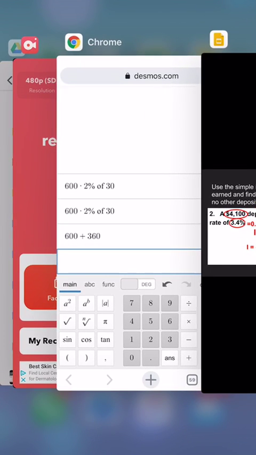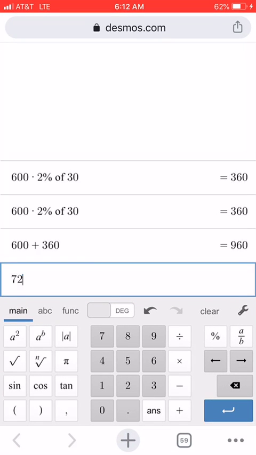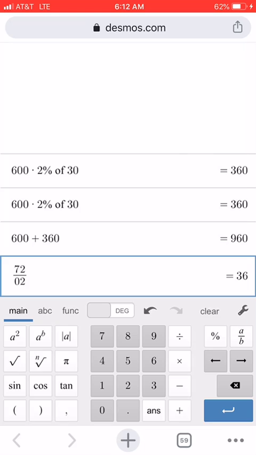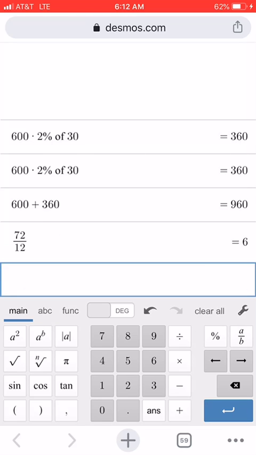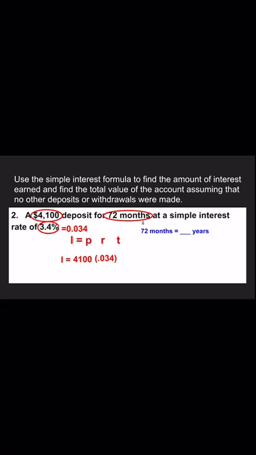If I didn't know that, here's my calculator. 72 divided by 12. And there's our answer. 6 years. So that's the number that we're going to use for time. It can only be in years, not months. If you tried to put 72 there, it would have come up the wrong answer.